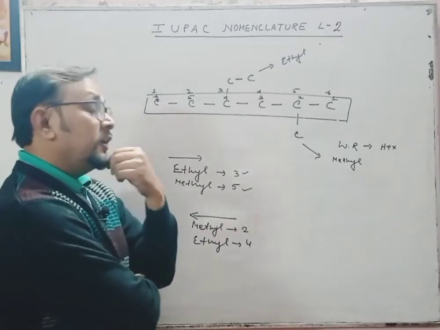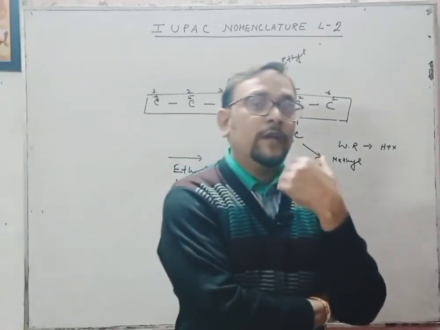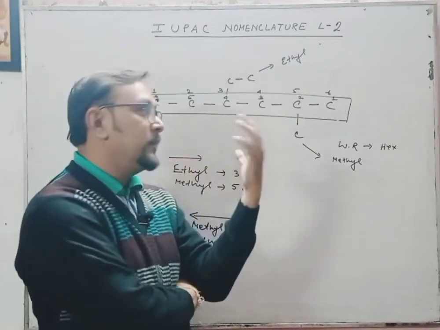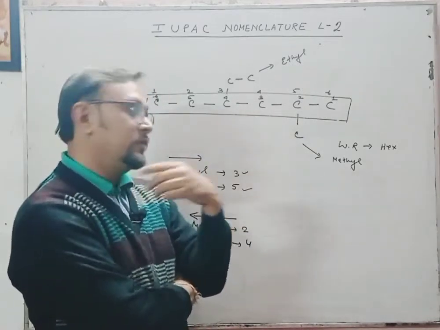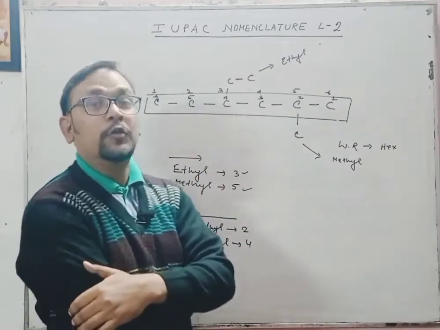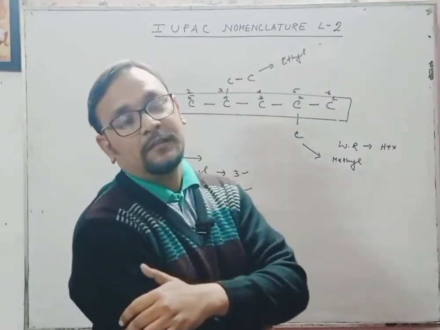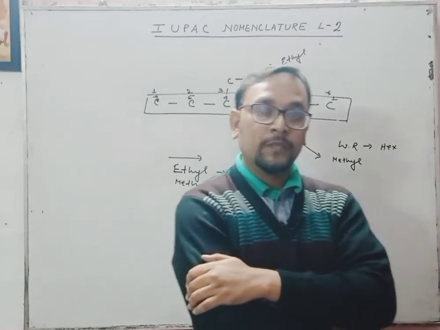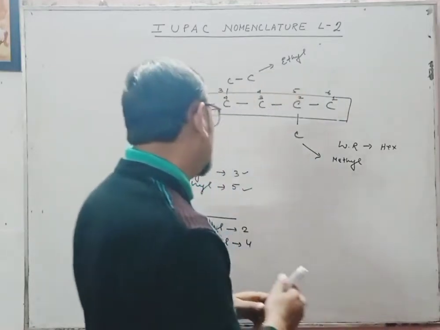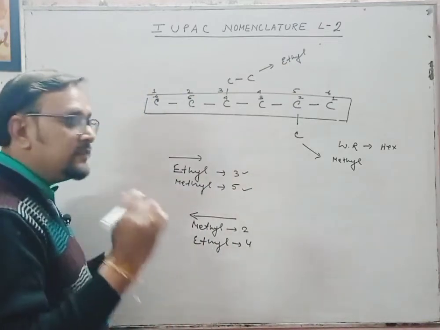Now the question is, should I follow the previous rule that we discussed in the previous example? Should I number it in alphabetical order? No, that is a mistake if you do that. So what shall we do in this case? It's very simple.